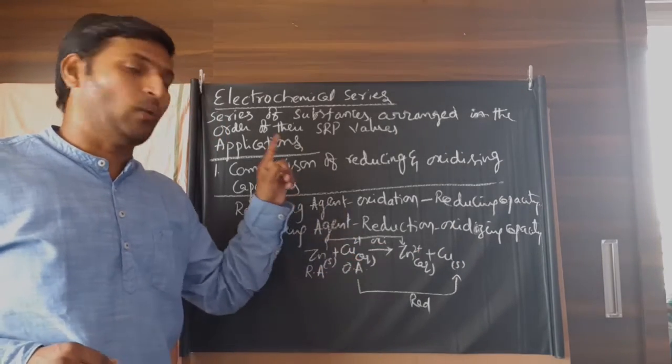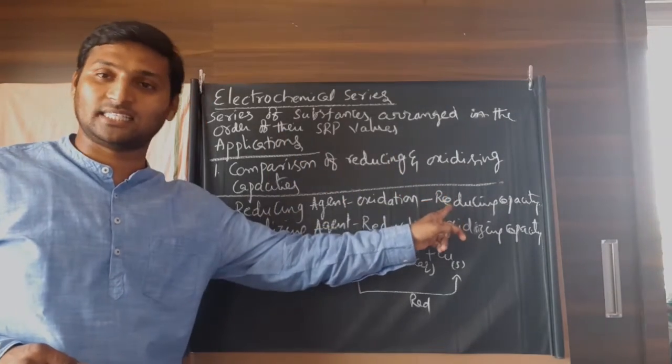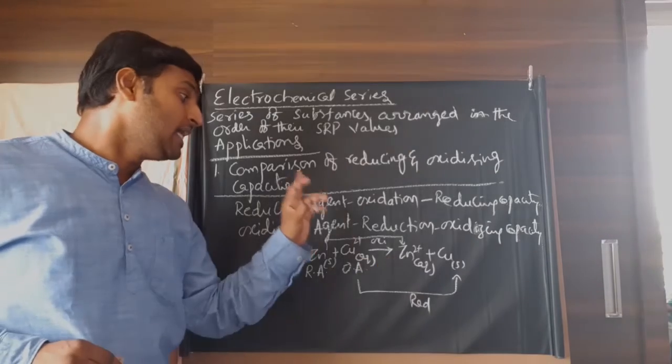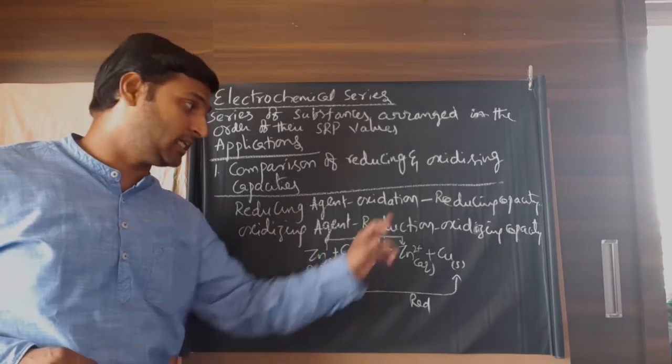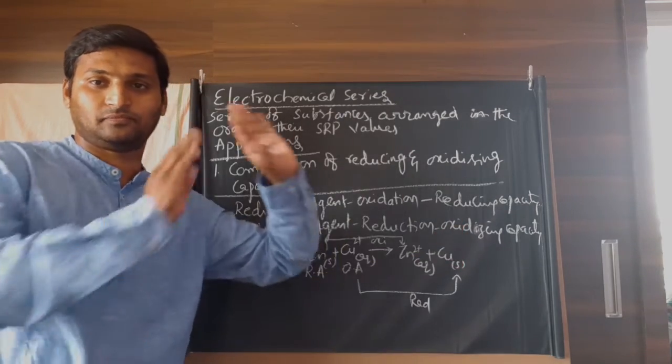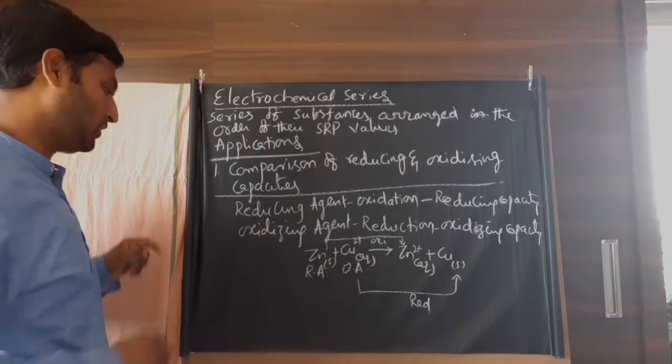So, the one which readily undergoes oxidation is a strong reducing agent, its reducing capacity is high. The one which readily undergoes reduction is a strong oxidizing agent, its oxidizing capacity is high. That is point number 1 to be noted. Then point number 2 to be noted.